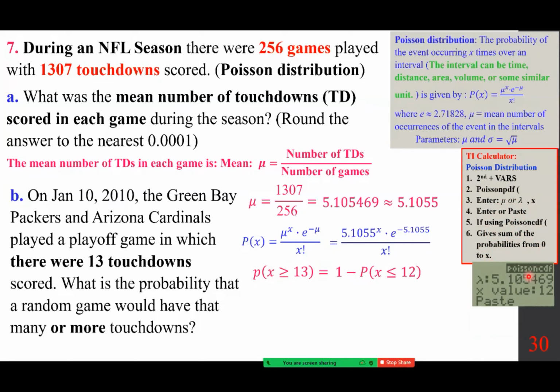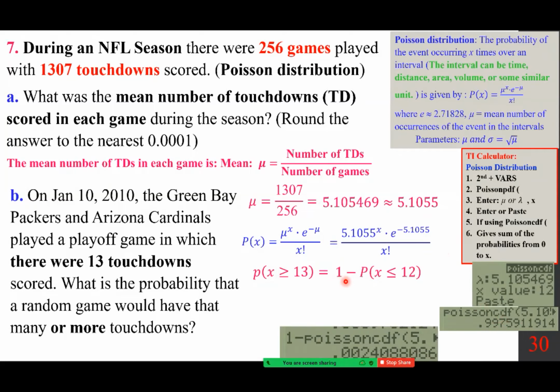So we use Poisson CDF and lambda, which is the mu that we came up with, is 5.105469. You probably want to write this value because you want to give it a lot of decimals. The x value all the way to 12, and paste it, you get this number. And this must be subtracted from 1. Subtract this number from 1.